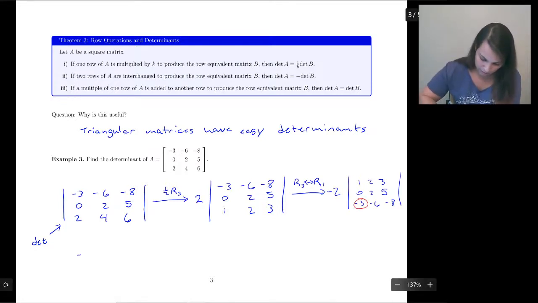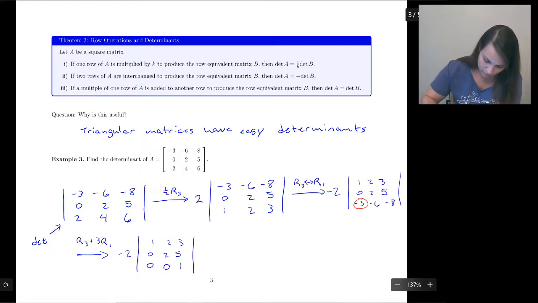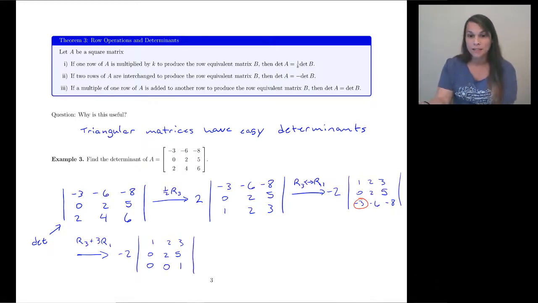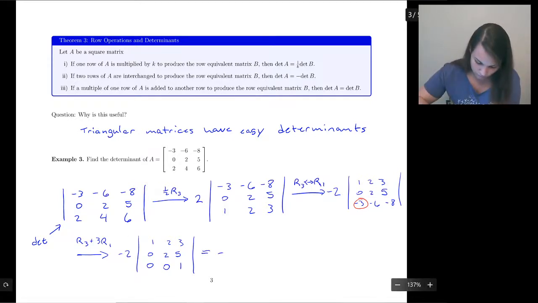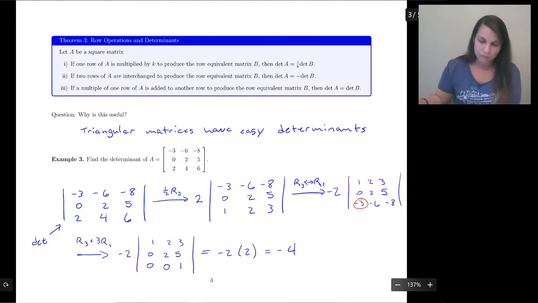So that's going to be row 3 plus 3 row 1. And that doesn't do anything. So 1, 2, 3, 0, 2, 5, 0, 0, 1. And then the determinant of that is really easy. That's just 1 times 2 times 1. There we go. Determinant, -4.